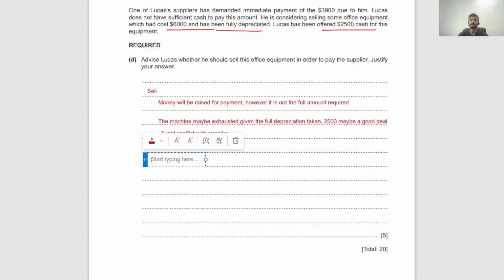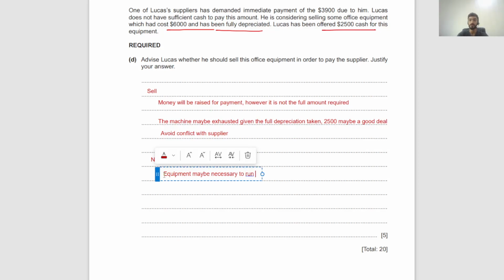Okay, and not sell. Again, you can say amount is not enough, the point you used above. Okay, it's not raising the full amount. Secondly, we can say the equipment may be necessary to run business, right?